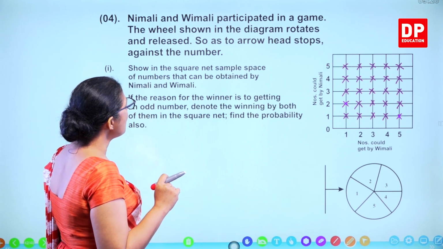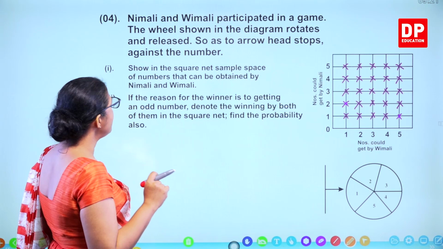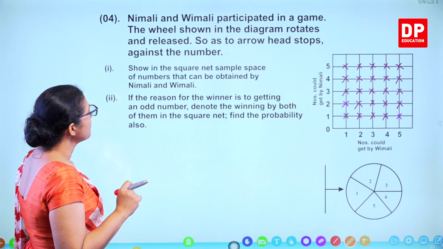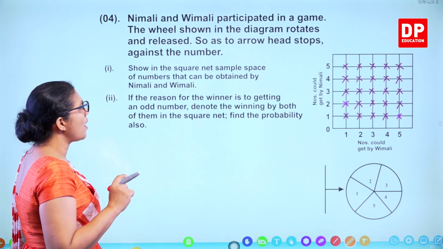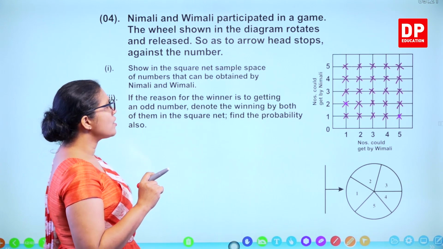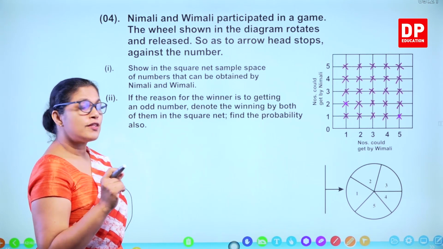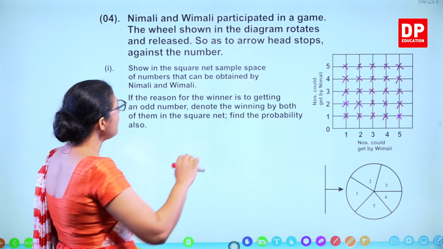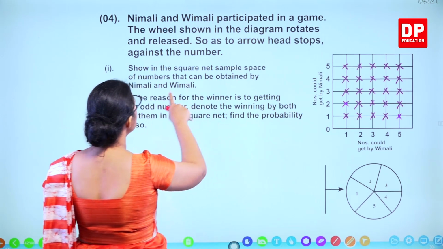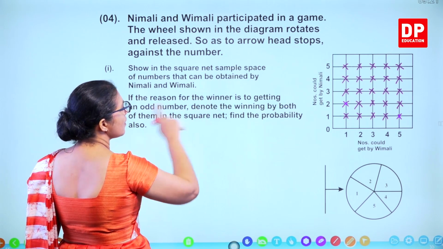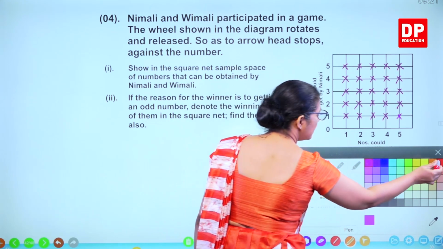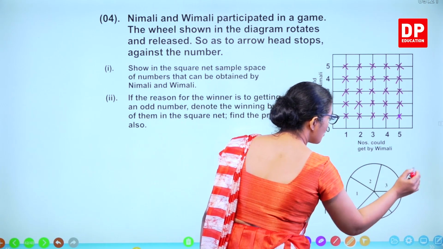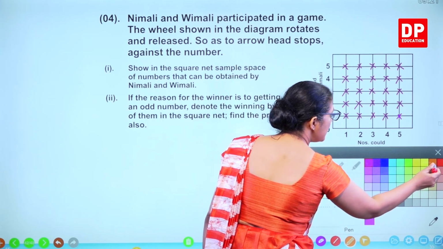If the reason for the winner is getting an odd number, denote the winning by both of them in the square net. Find the probability also. Both should be getting odd numbers. What are the possibilities? So I'll take a different color to show the possibilities.